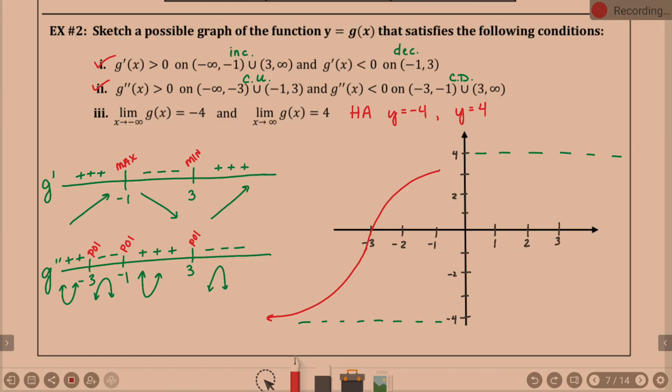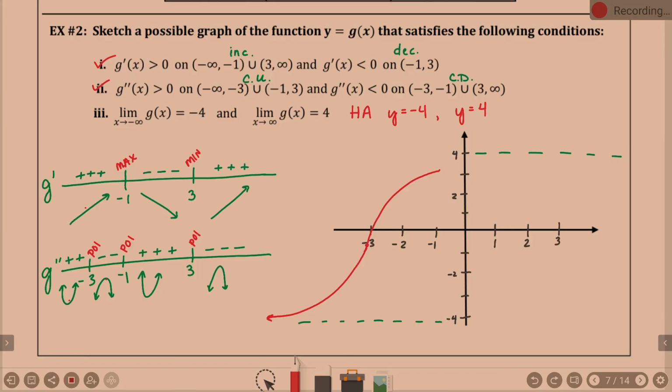It was bold up. Now it's bold down. I tried to make it appear at -3. Am I increasing the whole way? Yes. We increased, we were concave up, then we were concave down. And so that means at -3, right thereabouts, there was a point of inflection.